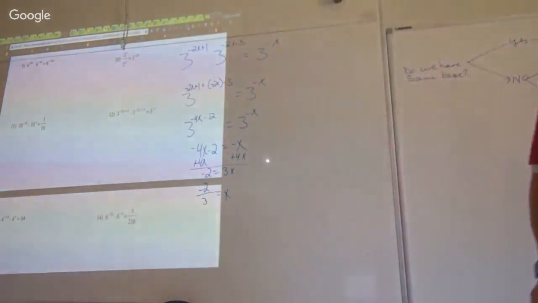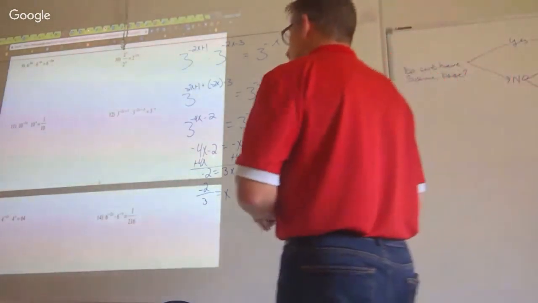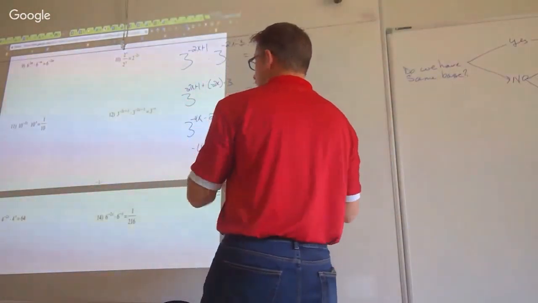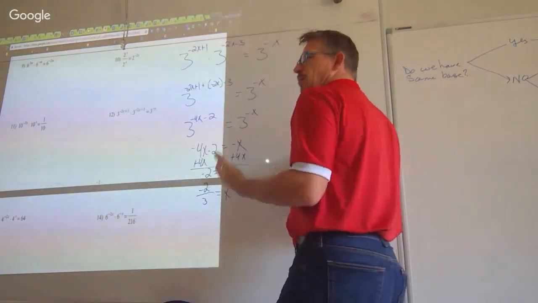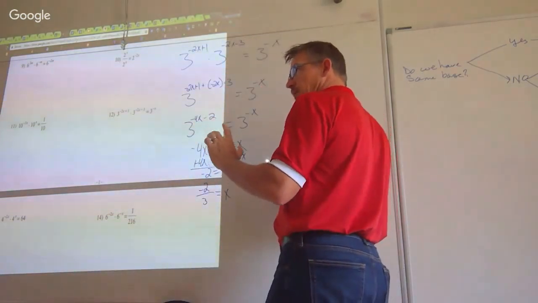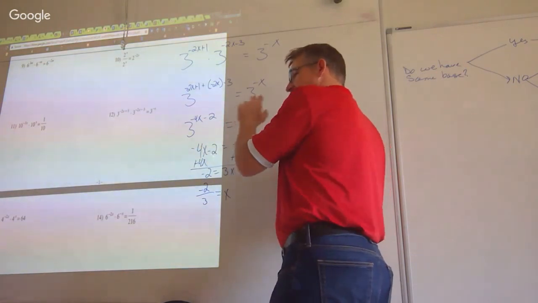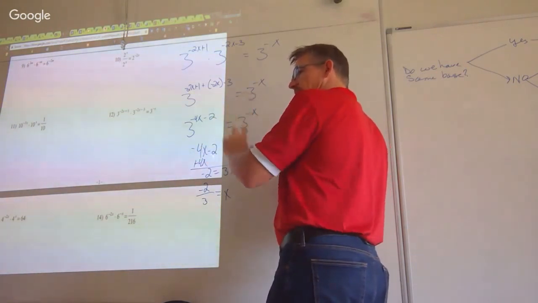Would it be wrong if I just don't write the bases? As long as you can keep track of all of this, you absolutely can work that way. But what I want you to be careful about is that we are not changing the base, and we're not manipulating anything.